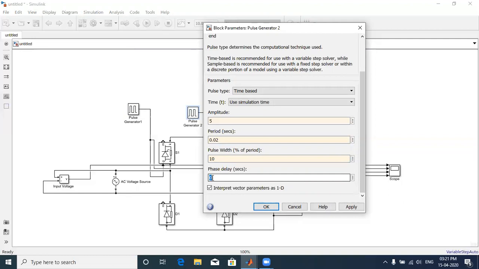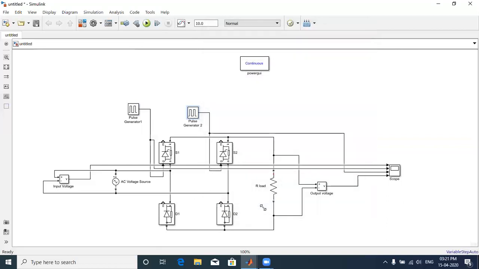So pi is 180, and we have taken alpha as 60. So 180 plus 60, that is 240. So calculating phase delay, it will be 240 divided by 360 into 0.02, which will be 0.0133. Apply. Okay. So in this way, we have implemented our semi-converter circuit with R load, and we have set all the different parameters.